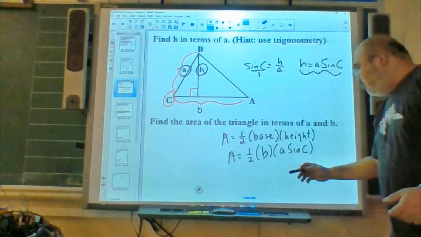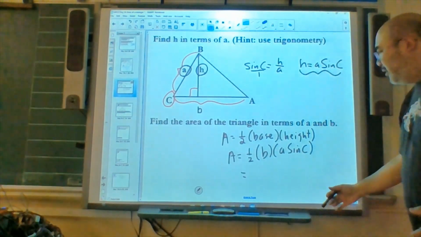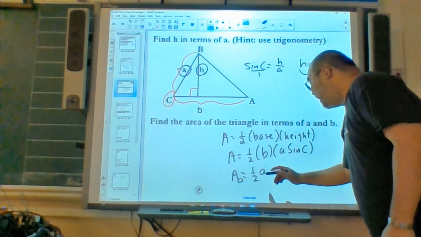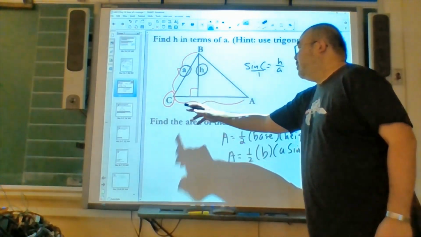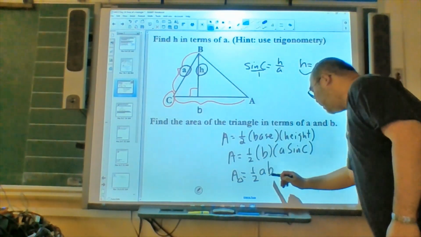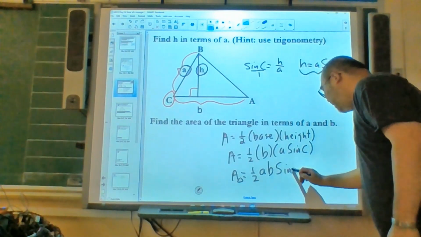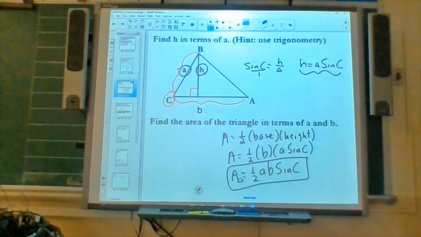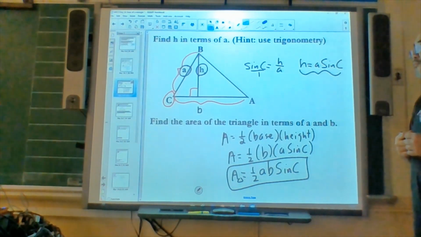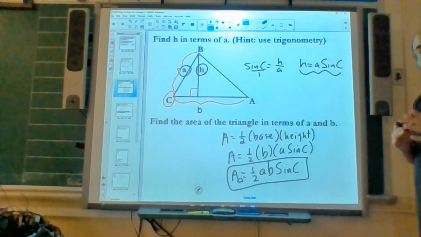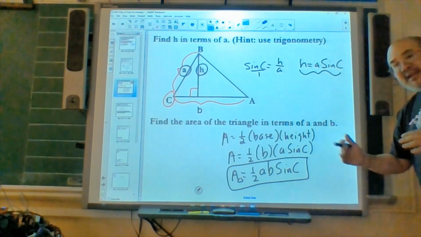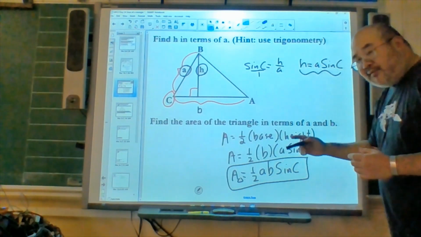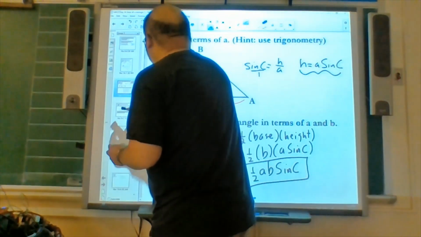And so here we put it together, and I like putting things alphabetically. The area of the triangle is equal to 1/2 the measure of side a times the measure of side b times the sine of angle C. Now, this will be our area of a triangle formula using trigonometry, specifically the sine ratio.